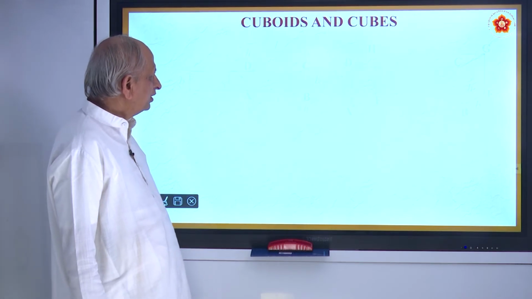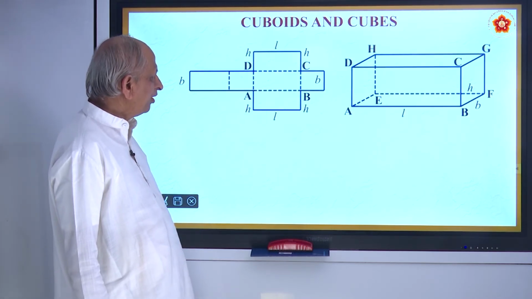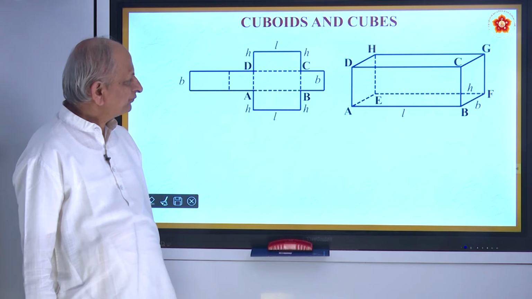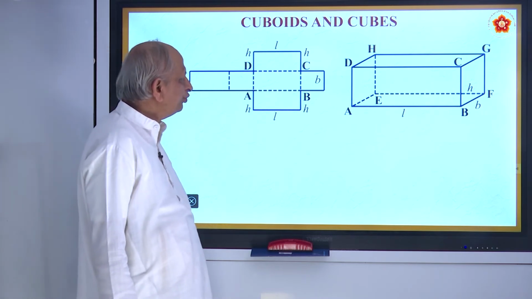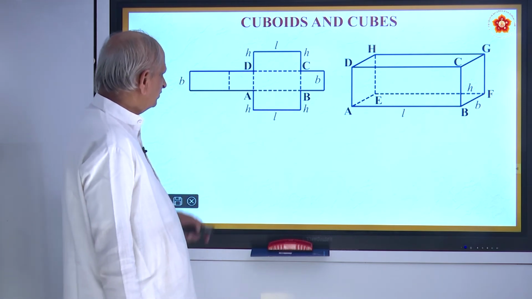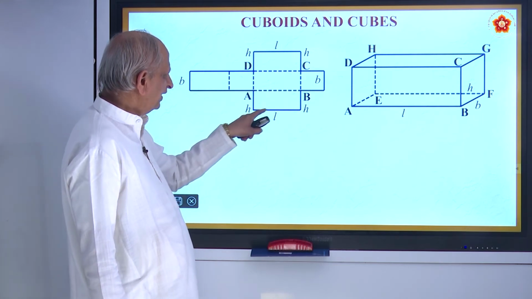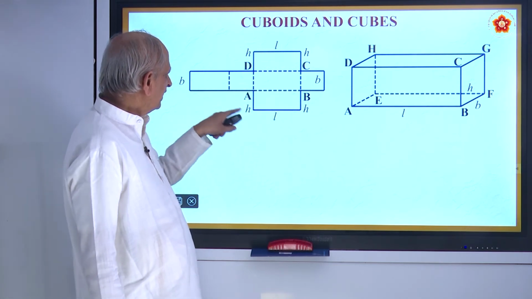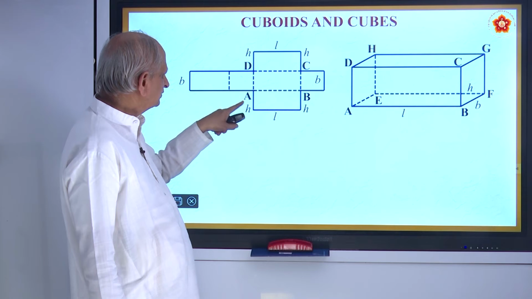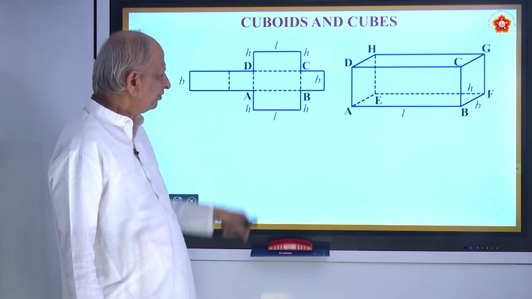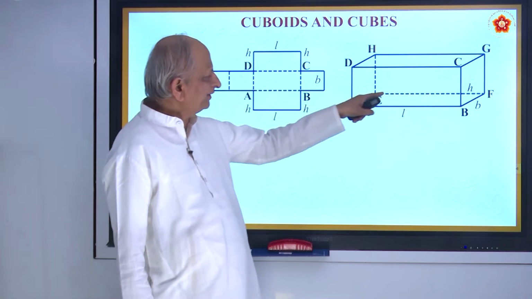So, coming to cubes and cuboids. Here, see, this is a cuboid. A cuboid will have a length. This is called the length of the cuboid. And this is called the breadth of the cuboid. This is called the height of the cuboid. That's how a cuboid is made.